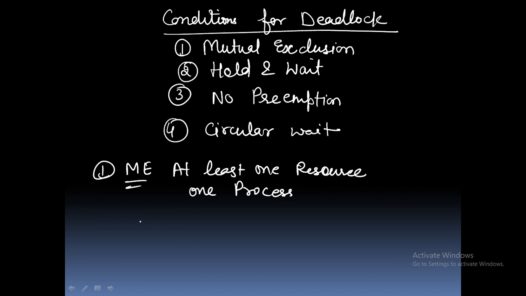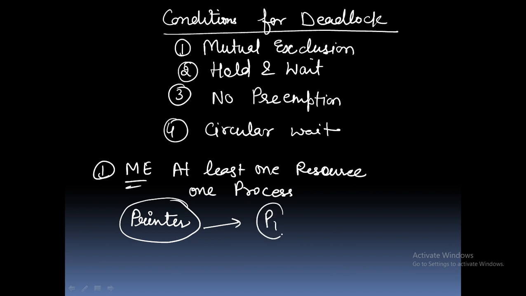For example, we have given a printer. We have one printer, a resource that can be used only by one process at a time. If another process wants to use this printer, then it creates the deadlock because process 1 holds it and makes process 2 wait.